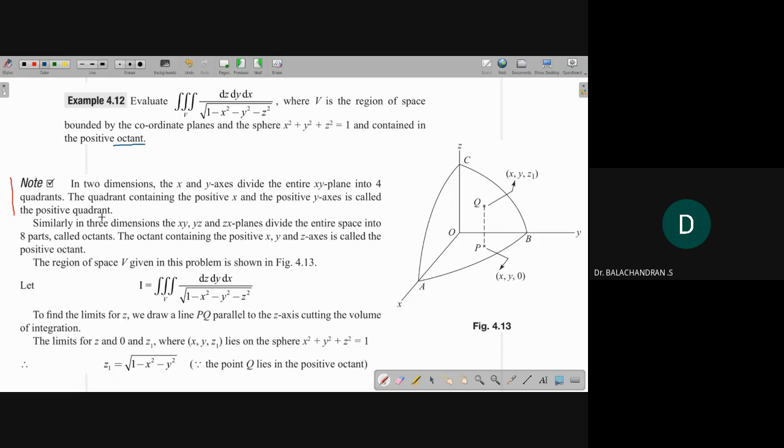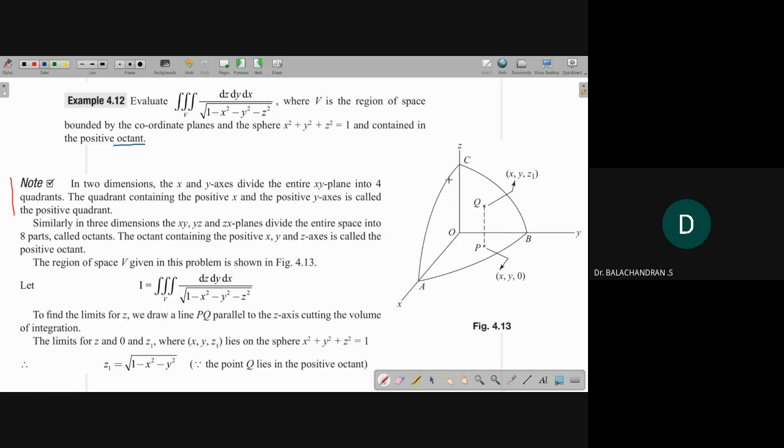That is the first quadrant. Similarly, in 3 dimension, the xy, yz and zx planes divide the entire space into 8 parts, so called octants. Okay, each one is an octant. The octant containing the positive x, y and z axis is called the positive octant.